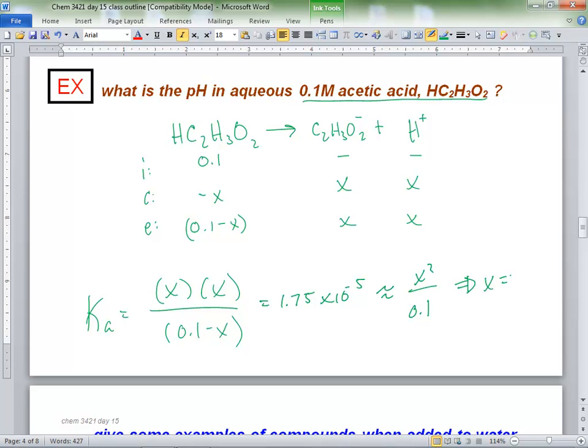Let's see. Times 0.1, take the square root. About 1.32 times 10 to the negative 3 is what I got.